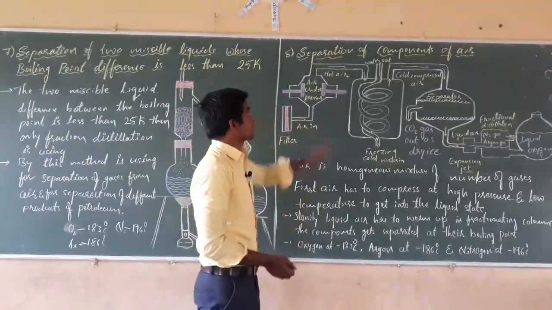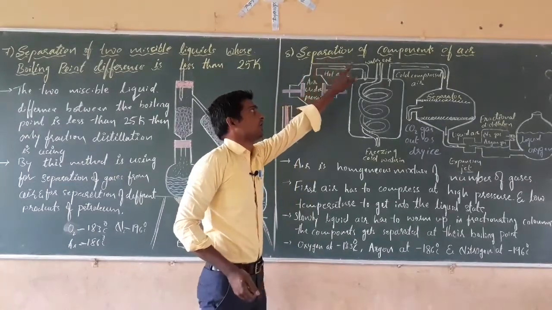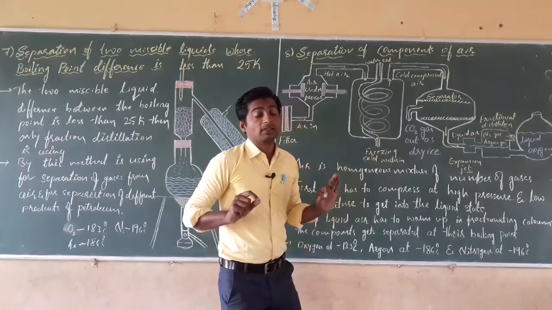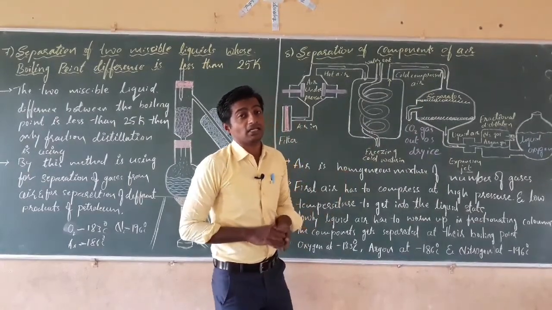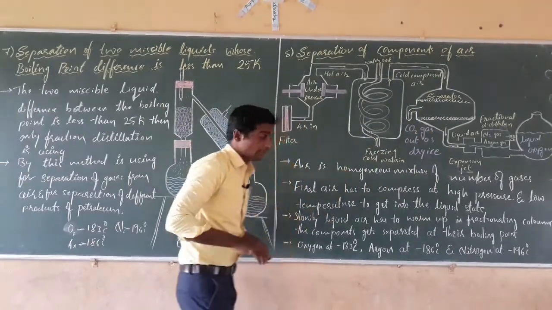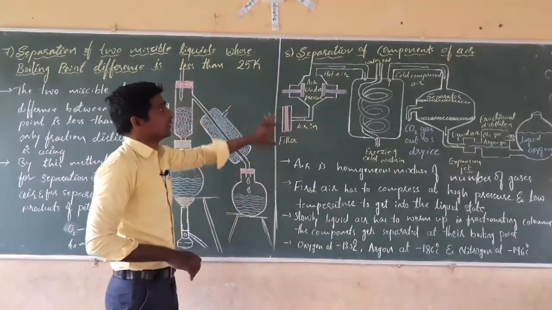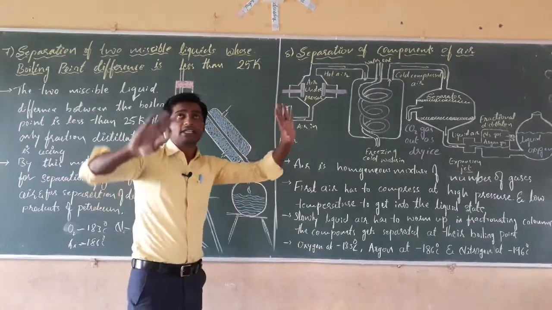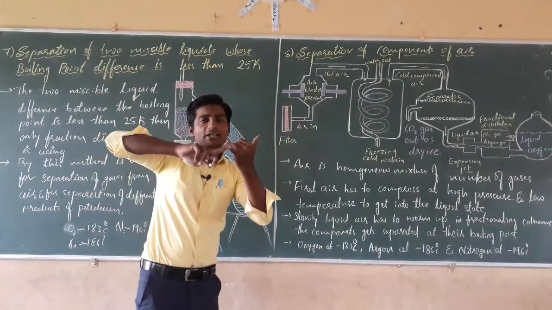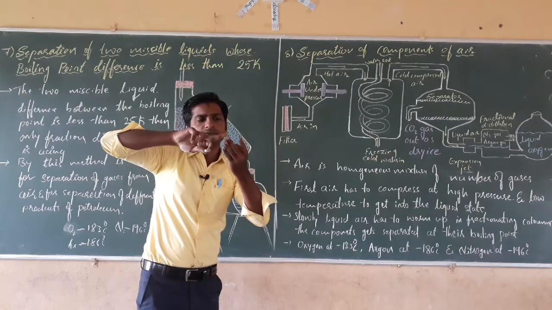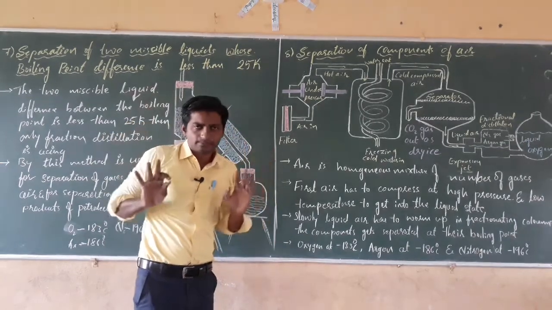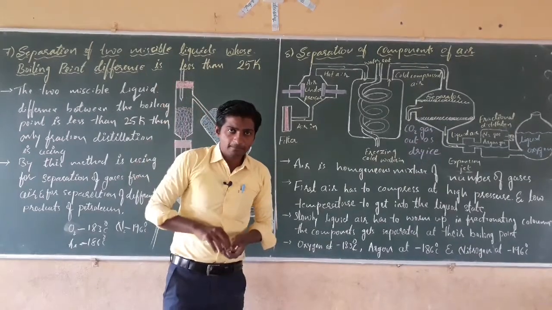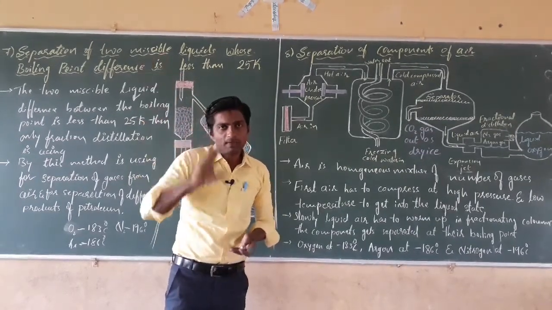Next, we come to the process of separation of the components of air. How are the components of air going to be separated? See, it is a very complicated process. First, air is a homogeneous mixture of nitrogen, oxygen, argon, carbon dioxide, etc. Along with that, air contains dust particles and water vapors.